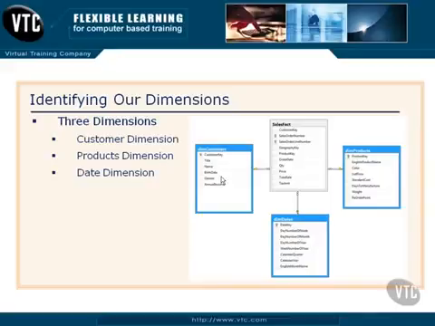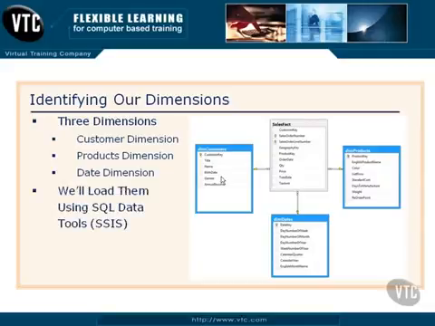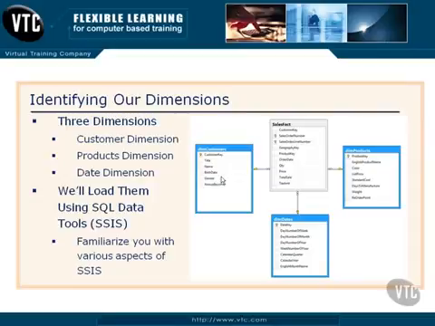But we're going to reach into the data warehouse version to pump that data into our little data mart, because you need to get your head around how to use SQL Server Integration Services. We're going to load these using SSIS and SQL Data Tools, and the point of this is to familiarize you with the various aspects of how you can use Integration Services and some things they're likely to test you on. Okay, so our three dimensions that we're going to create later on: customer dimension, products dimension, date dimension.